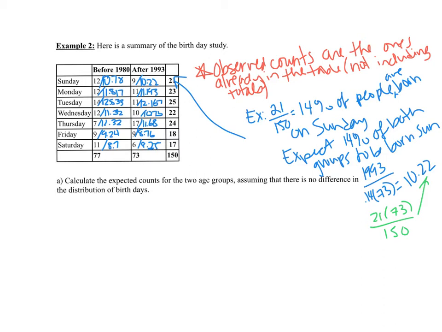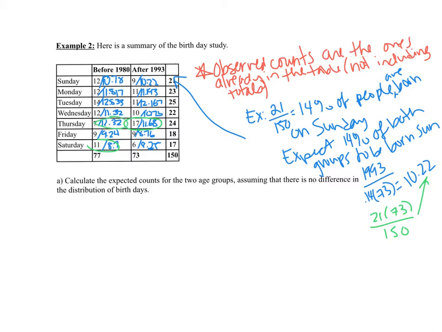One thing I want you to eyeball whenever you look at the expected versus the observed counts is to see how many of them are close to each other and how many of them are really, really far away. There are a few, like for example, Saturday and Thursday, where they're very, very different from what we expect. So even the Thursday before 1980 was different.